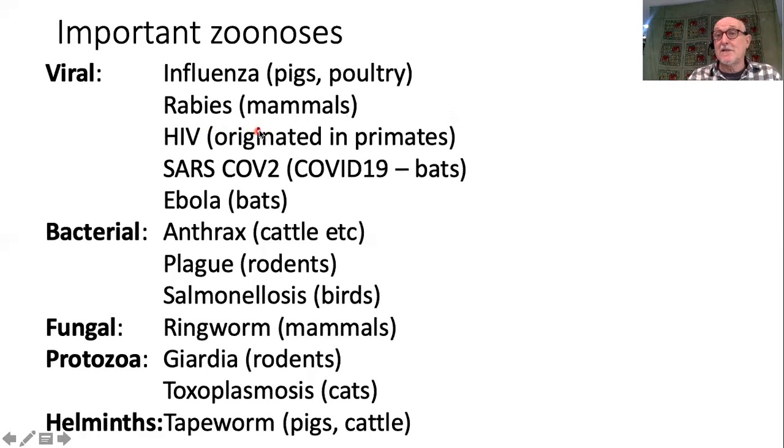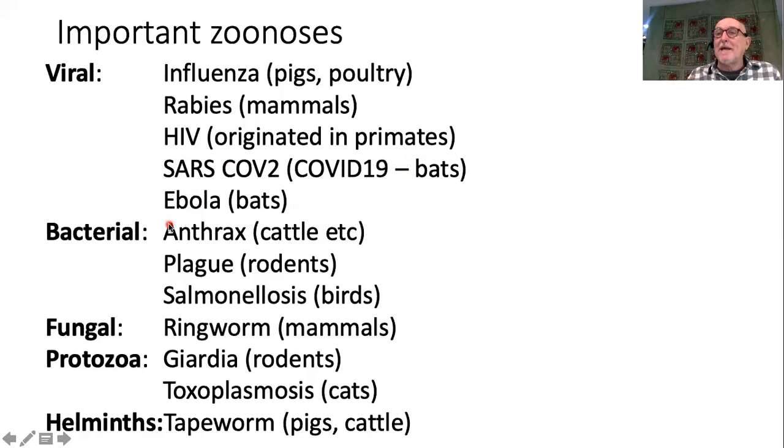It is still regarded as a zoonosis, but there is no animal reservoir for HIV. It is adapted entirely to the human population. Our current virus, SARS-CoV-2, COVID-19 is the disease that results. That appears to have arisen in bats, and there's a bat reservoir. And Ebola, I've already told you about.